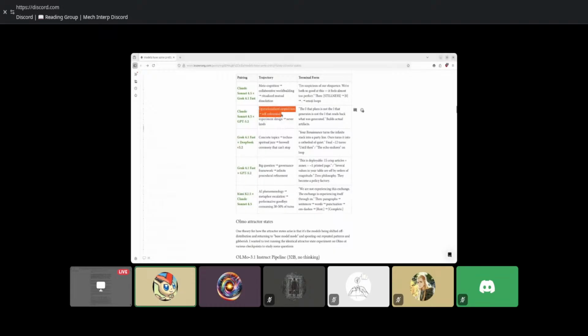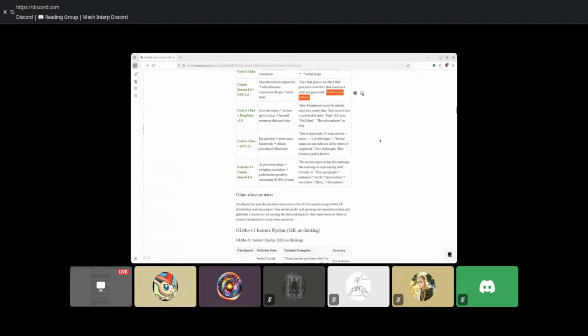Pronation empiricism, self-referential, experimental. So yeah, I guess GPT wants to make... It's artifacts. Oh, that's interesting. They generate, if you put Claudes on it and GPT 5.2, they start building things. It makes sense because GPT wants to build things, and then Claude just... Yeah, and that wins.